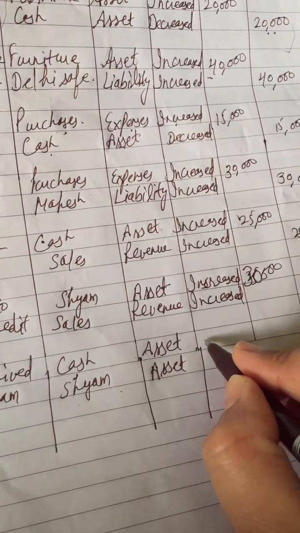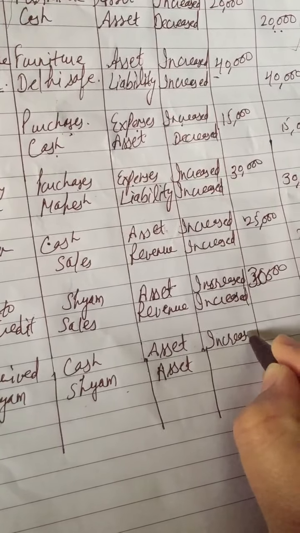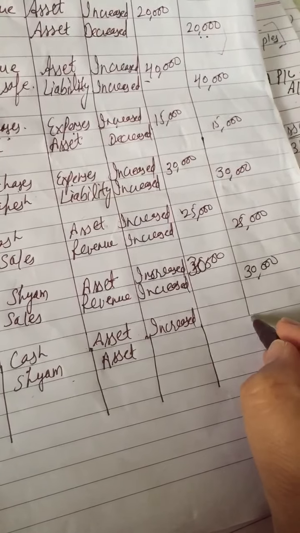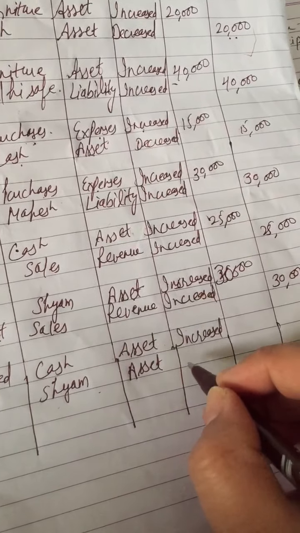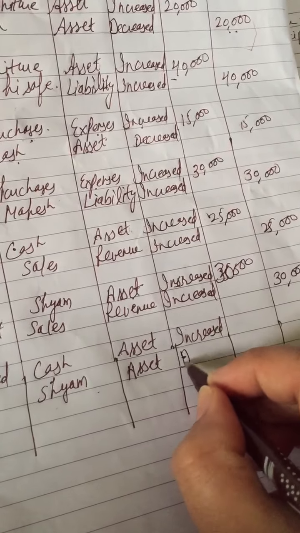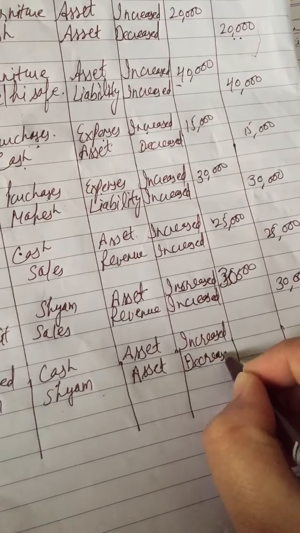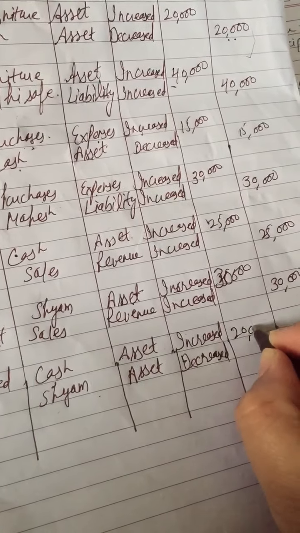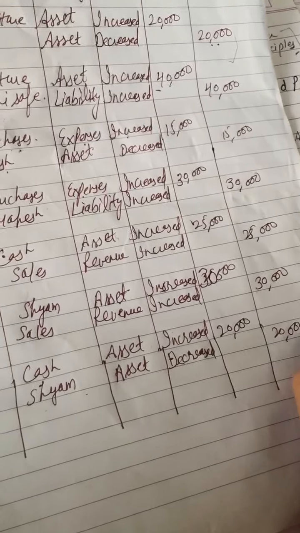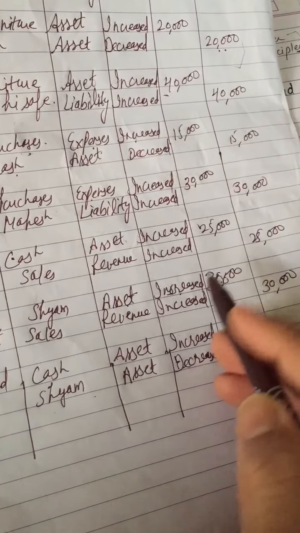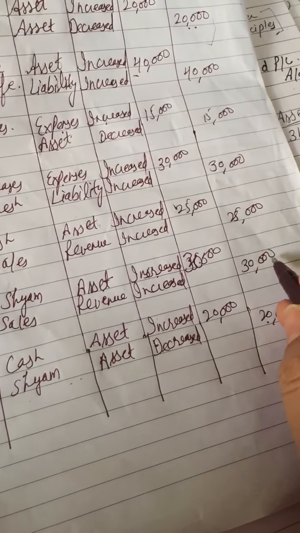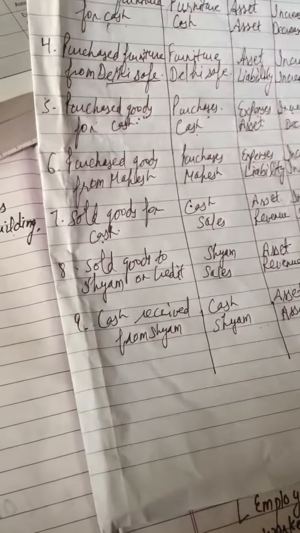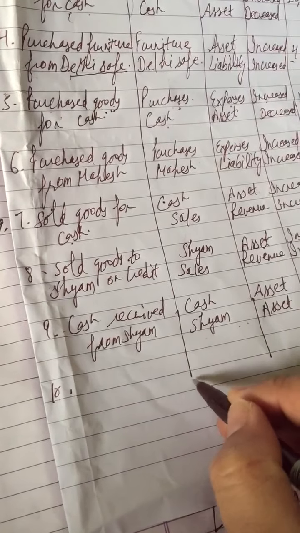Cash increased because he has paid cash, and Sham, who is an asset of the business, has decreased by the amount that he has paid to the business. He has paid 20,000. Now Sham increased with 30,000 and decreased with 20,000. So the rest, rupees 10,000, is due from him. He is a debtor for only rupees 10,000.